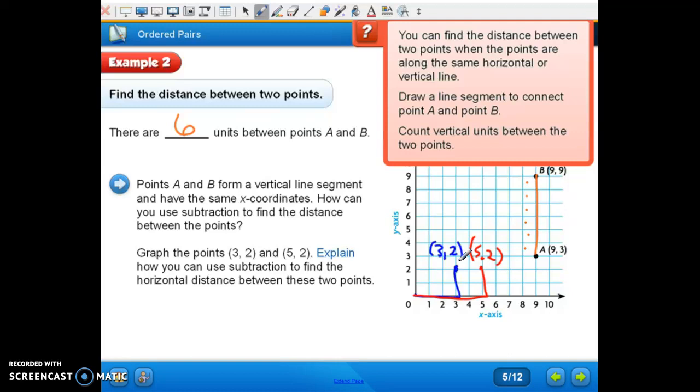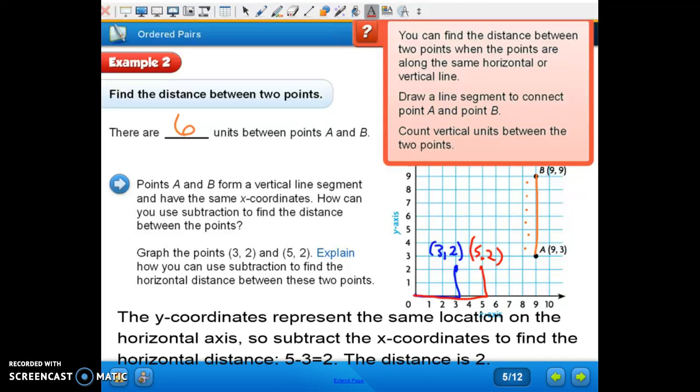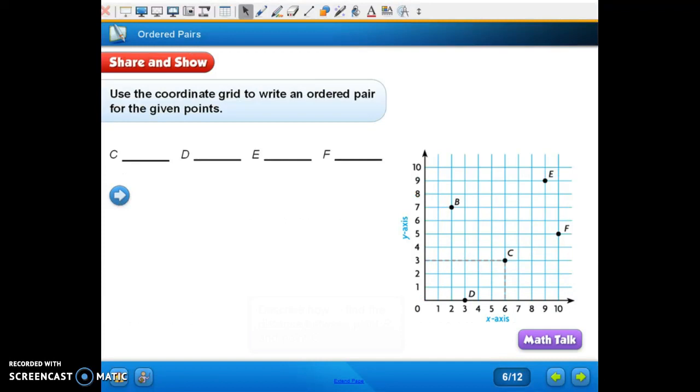We're going to subtract our x's. So in words, the y-coordinates represent the same location on the horizontal axis. So subtract the x-coordinates to find the horizontal distance. 5 minus 3 equals 2. The distance is 2.